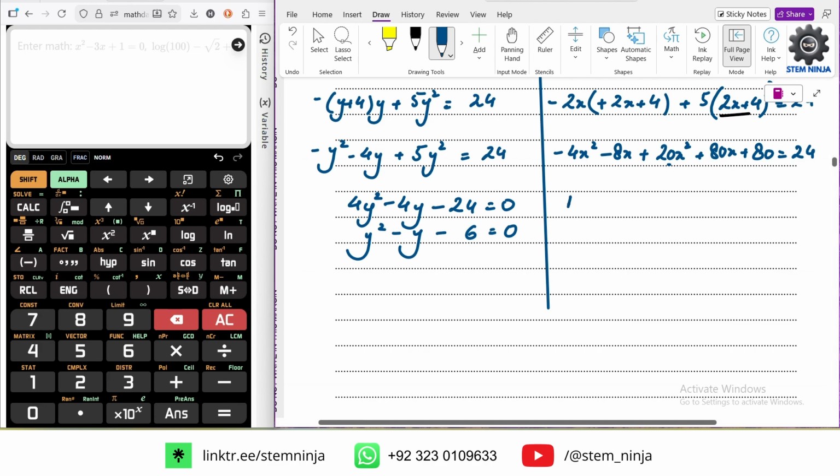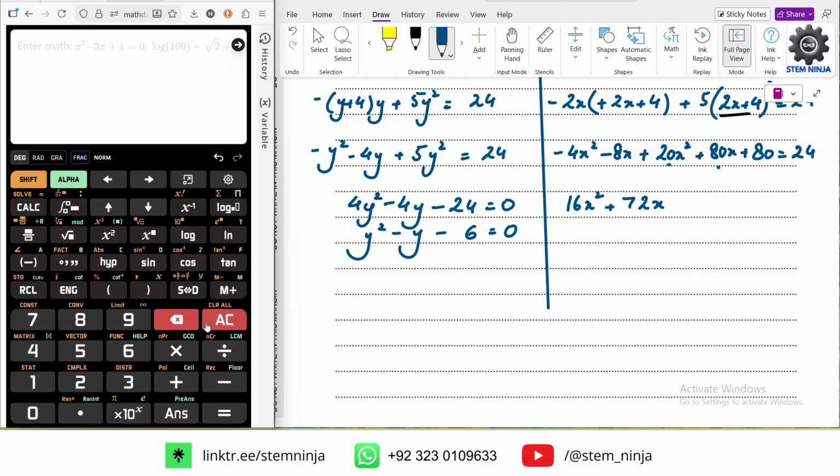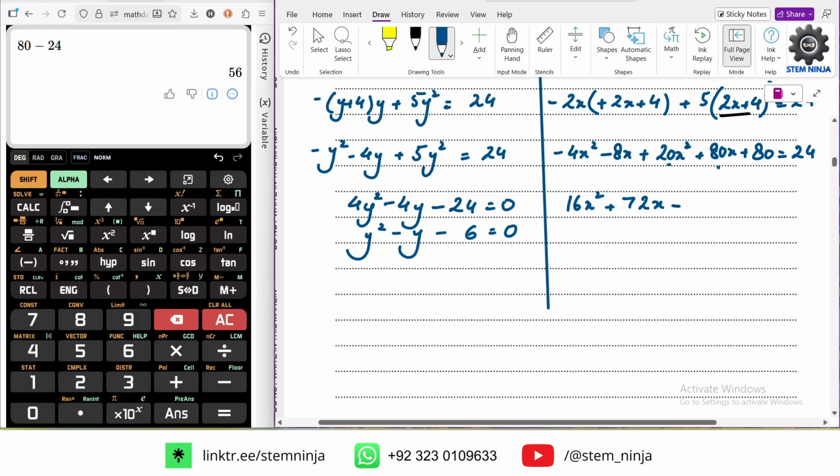20 minus 4 is 16x squared. 80x, this would become 72x, and 80 minus 24, 56, plus 56 equal to 0.